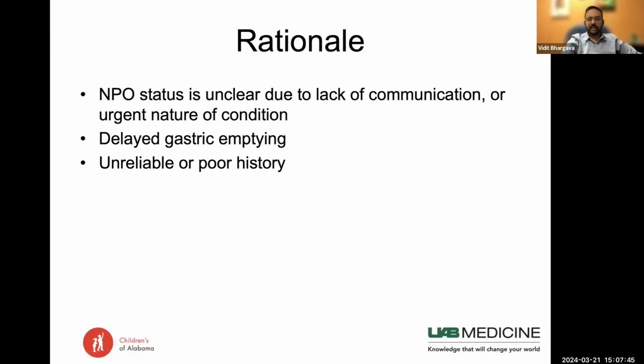In any patient with delayed gastric emptying, when it's unclear whether or not it would be safe to intervene on airway before making sure of their NPO status. And then if there's a history of unreliable or poor history, that might be another rationale to do this as well.